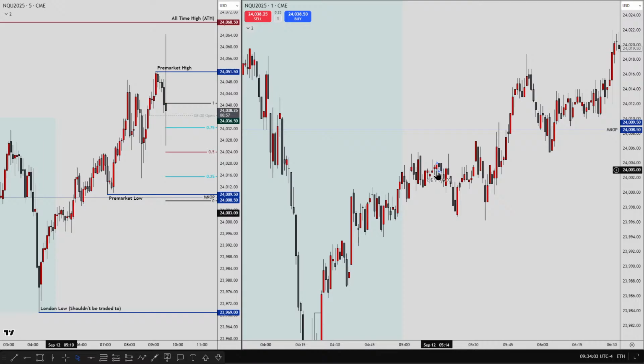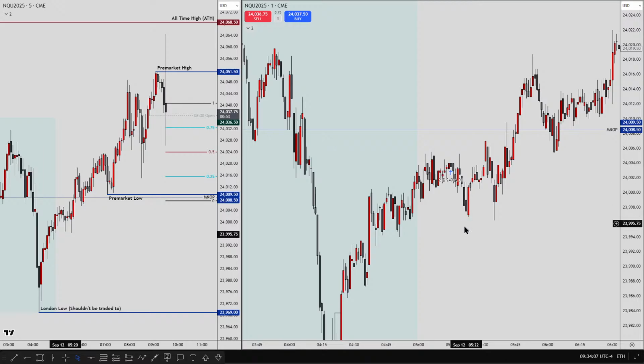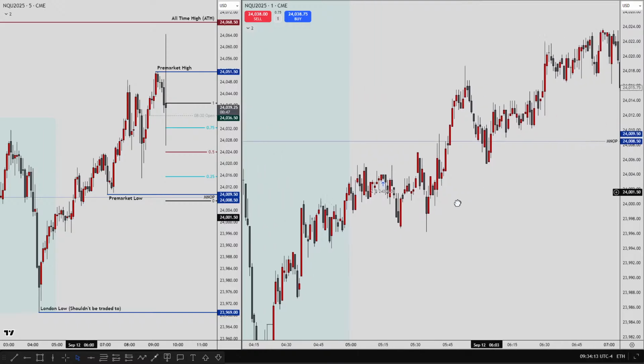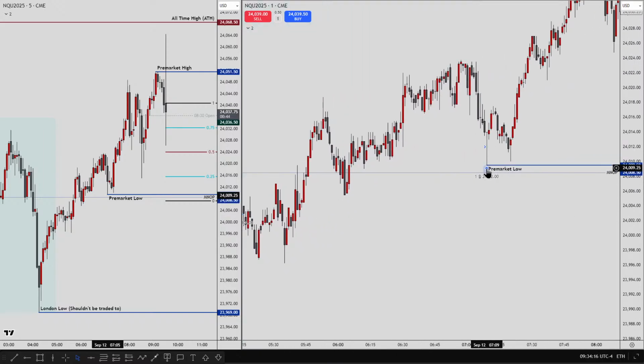I entered early because I didn't have time to set the chart, so I anticipated it sweeping the low. I thought it would probably go into that low in this order block, but I didn't even need to do that. So I entered early. And my second entry was based on it sweeping these 2 consolidation lows.